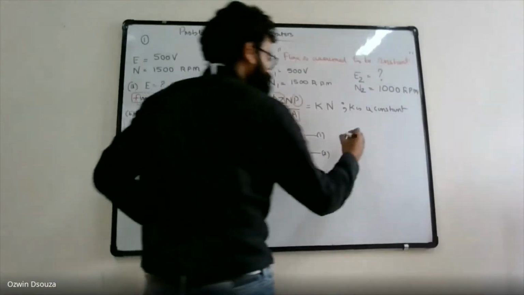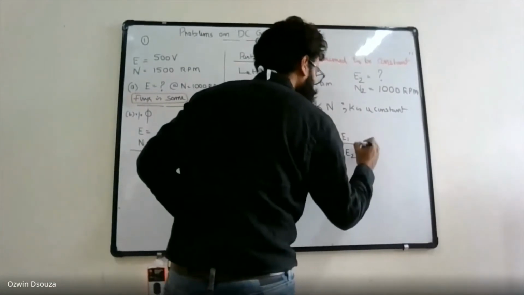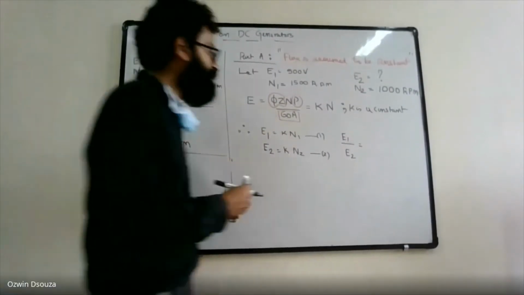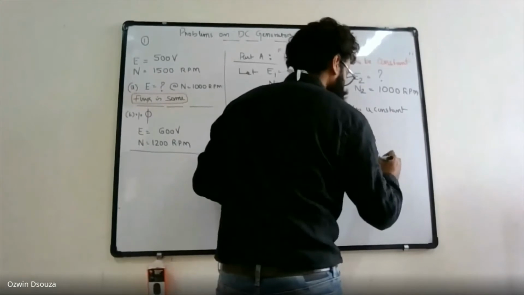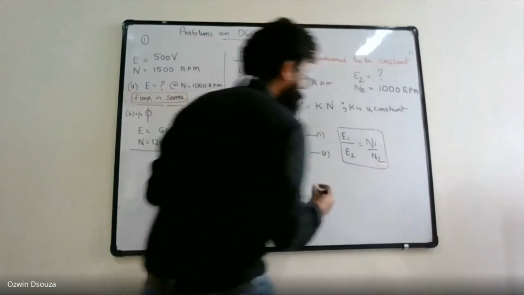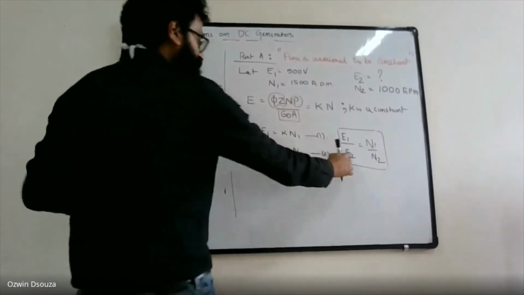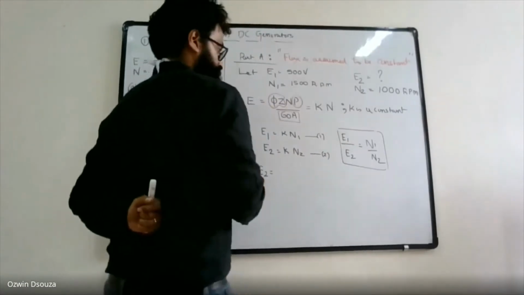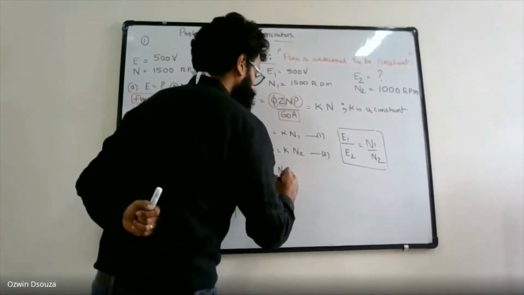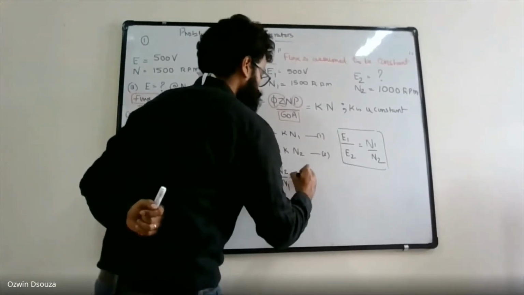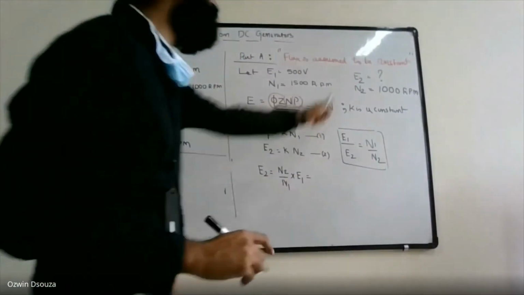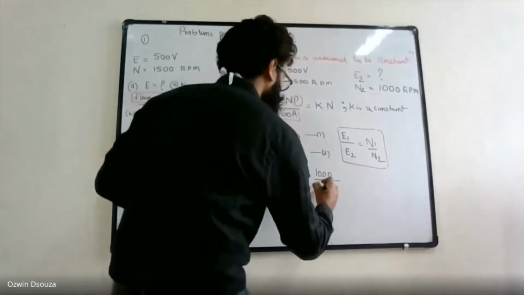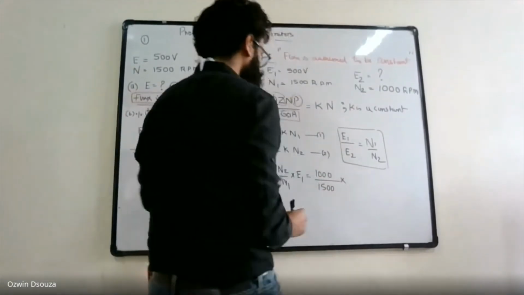Okay. So let's take this as equation 1 and this as equation 2. You divide the two equations so that you get E1 by E2 is equal to, what you get when you divide the right hand side terms? K by K gets cancelled, N1 by N2 you will get. So what is that you want? You want E2, right? So E2 is basically N2 by N1 into E1, and N2 is 1000 divided by N1 is 1500 into E1.